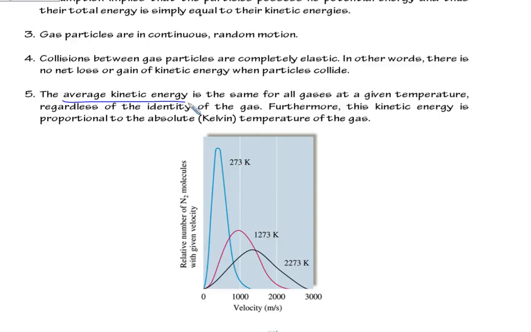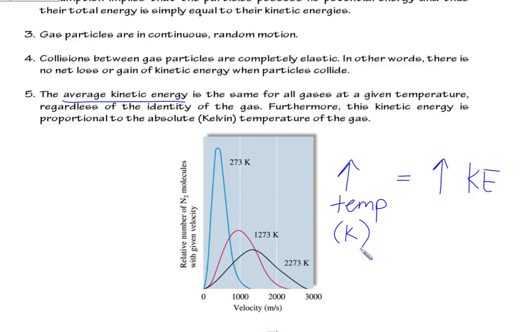This kinetic energy is proportional to the absolute or Kelvin temperature. So in other words, as I increase the temperature, I should increase kinetic energy. If I wanted to do calculations, temperature would need to be in Kelvin.